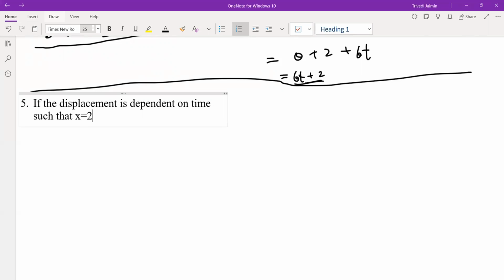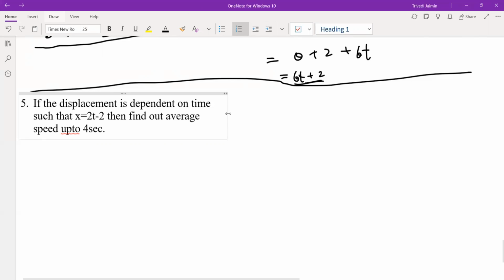It's very easy. Okay, then find out the average speed up to 4 seconds. Try out this. Yes, sir.